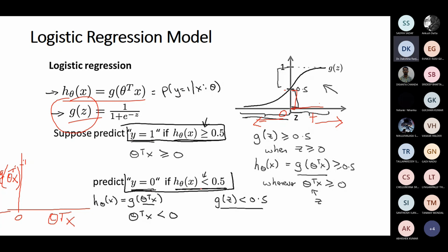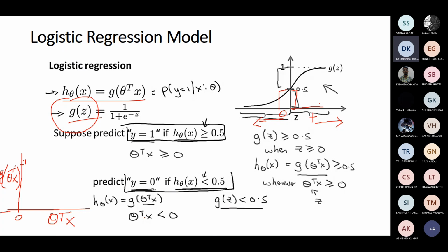Similarly, if h theta x is found to be less than 0.5, this side is less than 0.5. That means when z is found to be less than 0, g of z will be less than 0.5. So z is found to be less than 0, on the left hand side of z equals 0, then g of z will be less than 0.5, and for this y will be labeled as 0.